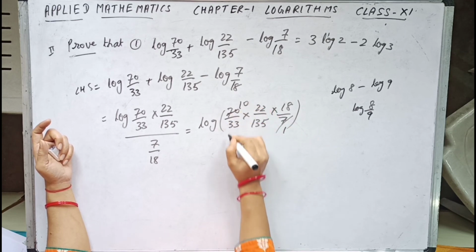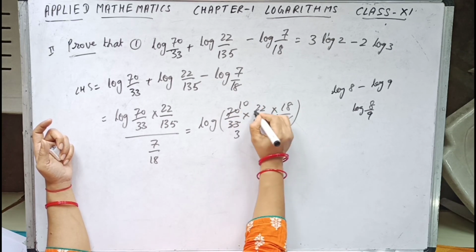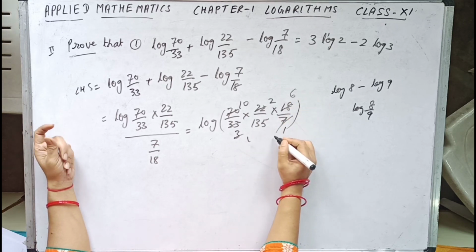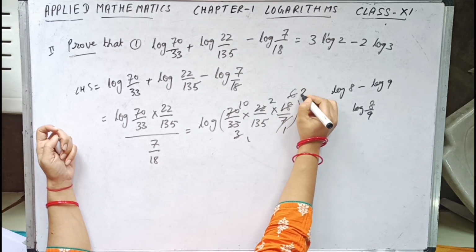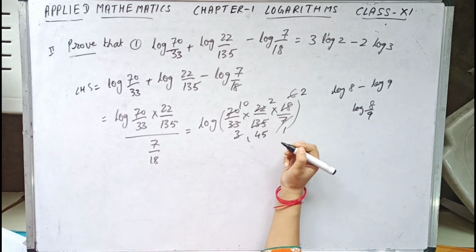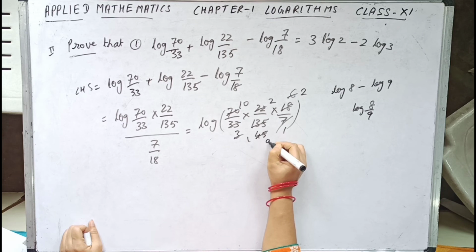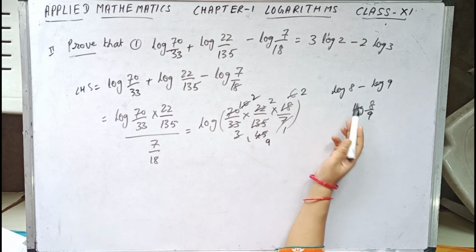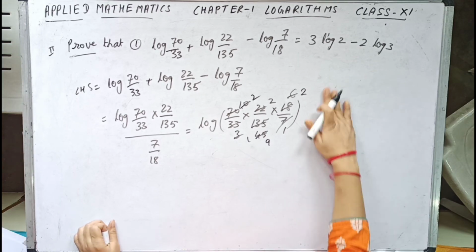7 1s are 7 and 7 10s are 70, 11 3s are 33 and 11 2s are 22, 3 1s are 3 and 3 6s are 18. Then over here 3 2s are 6 and 3 4s are 12, 3 5s are 15. Over here 5 9s are 45 and 5 2s are 10. So we are getting log of 8 by 9.